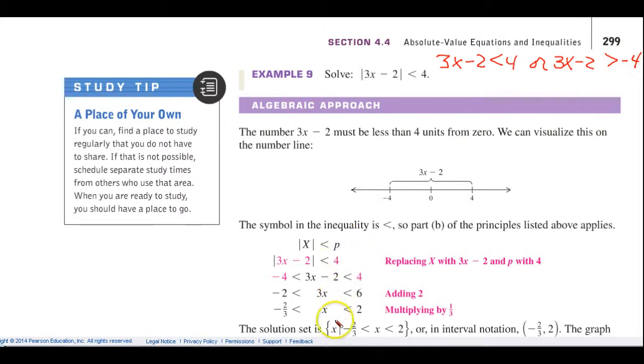And they have this worked out for you down here. Now, even though I wrote the word or there, actually this is an and, because this is a conjunction, because it's less than. We had said that if things were less than, this was a conjunction. I should have used the word and. And if it's greater than, then we're going to use the word or. That would be a disjunction.